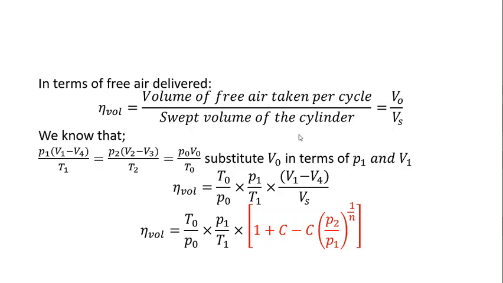This expression was wrong previously, right now it's okay. Suppose the suction conditions are the same condition as the atmosphere, then T0 will be equal to T1 and P1 will be equal to P0. So this term cancels. We will get V1 minus V4 by Vs, which is equal to the normal volumetric efficiency.